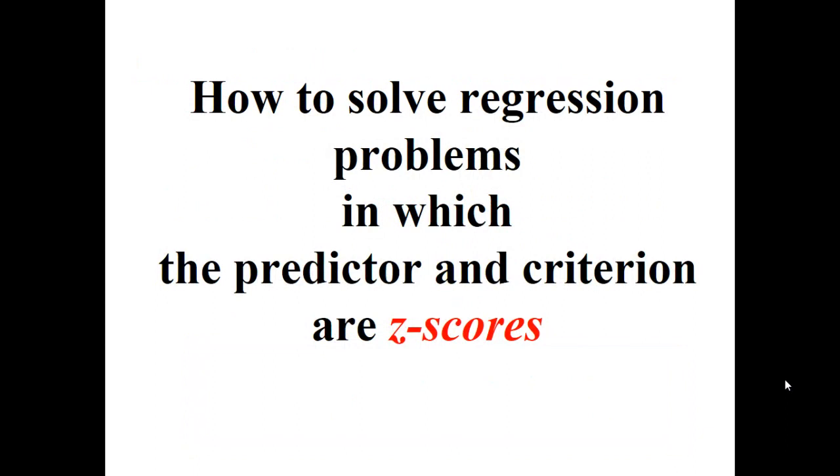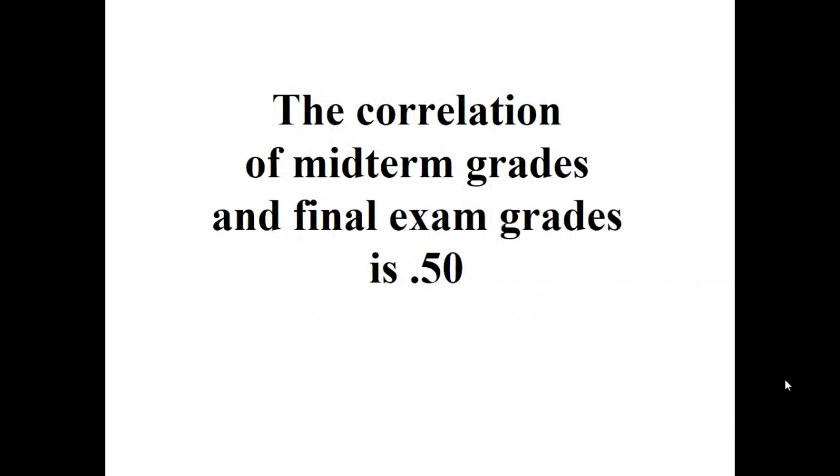I'm going to show you how to solve regression problems in which the predictor and criterion are both z-scores. In the example I'll use, we're given the information that the correlation of midterm grades with final exam grades is 0.50.